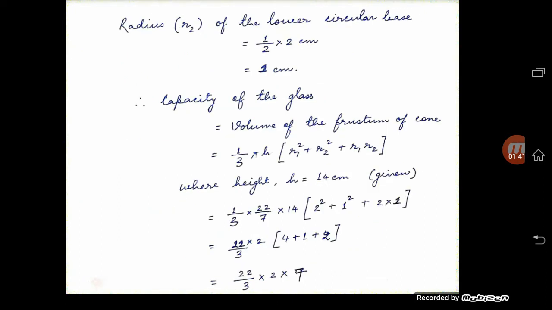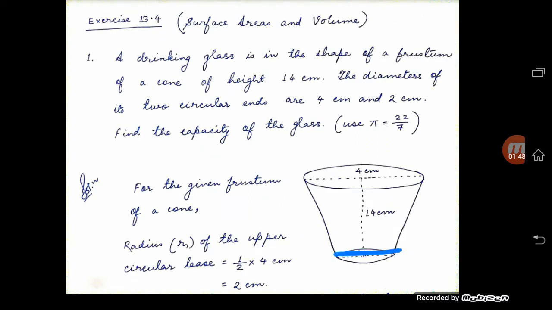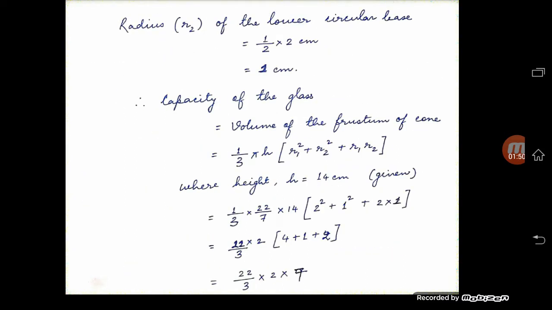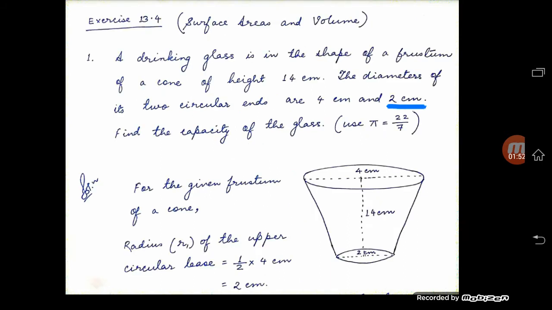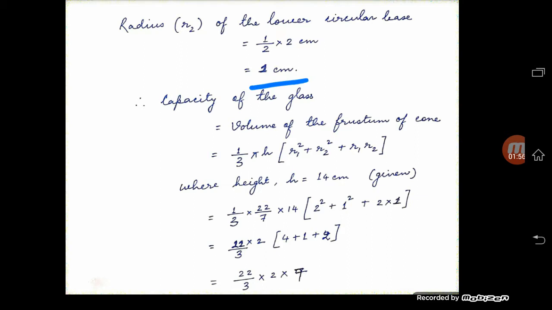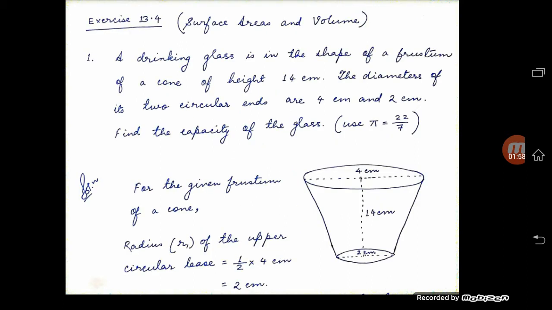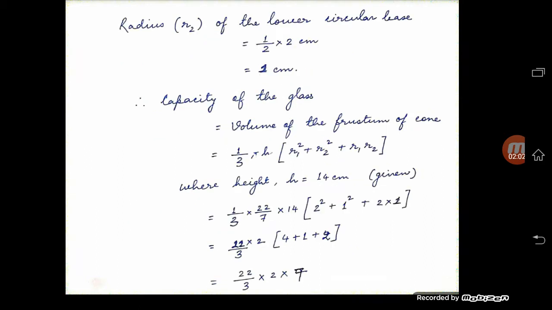Now again radius r2. That means the smaller radius we will take as r2, and given the diameter is 2 centimeter, so half of 2 will be 1 centimeter. So we have got r1 as 2 centimeter and r2 as 1 centimeter.